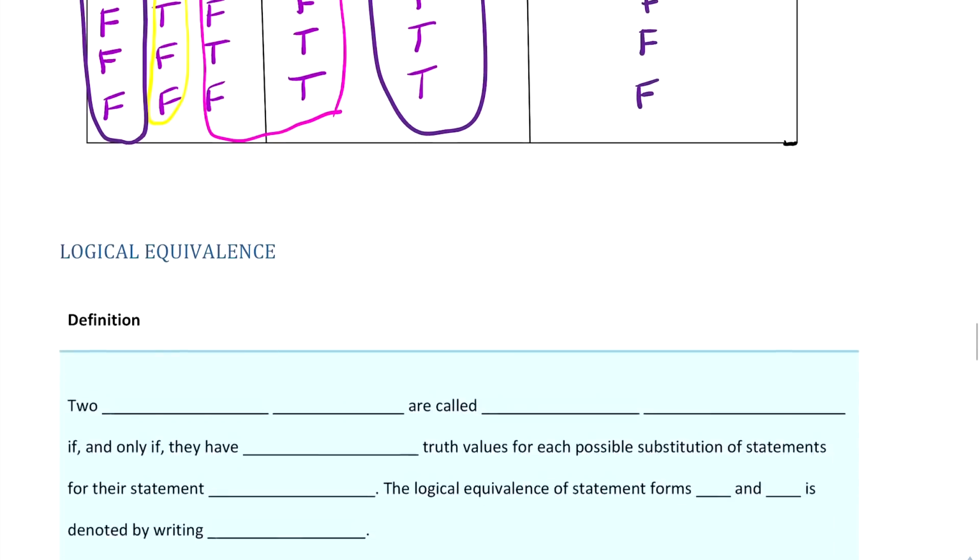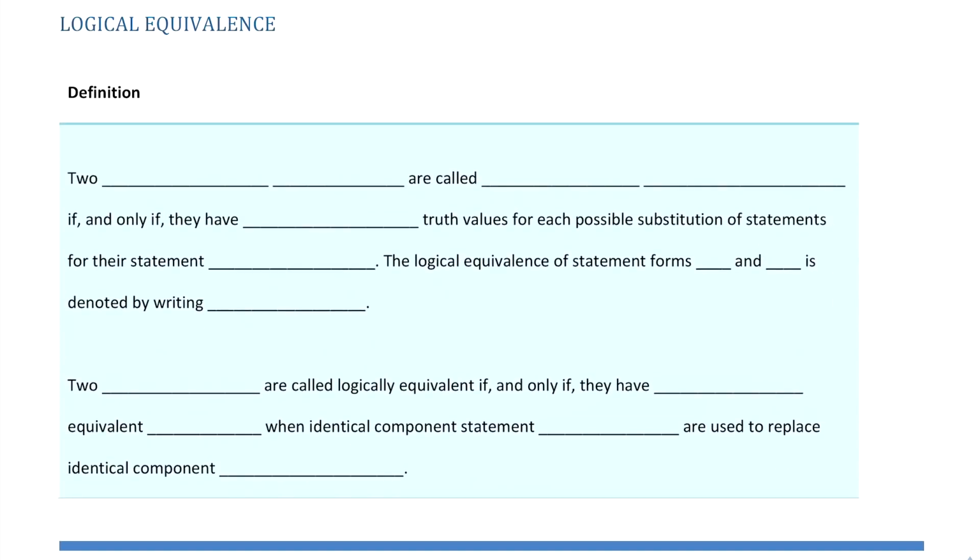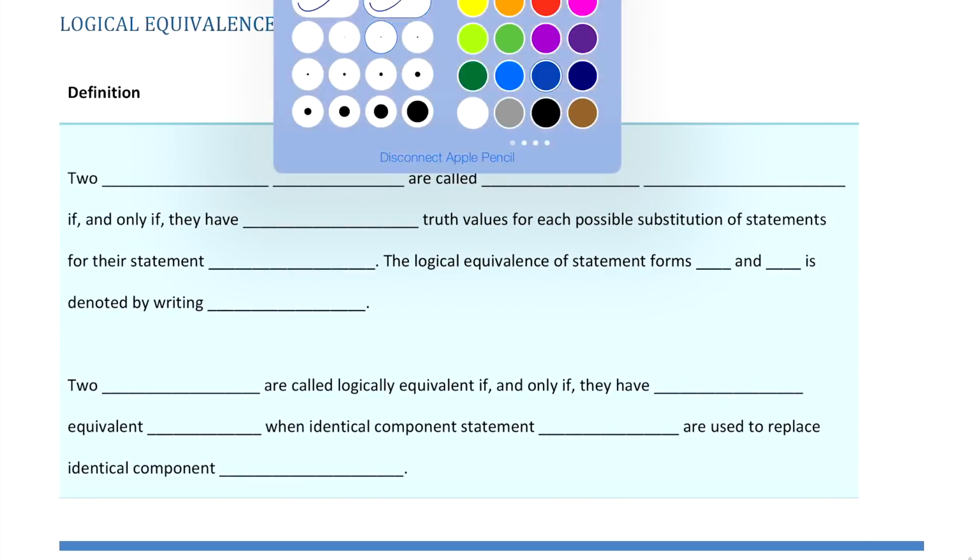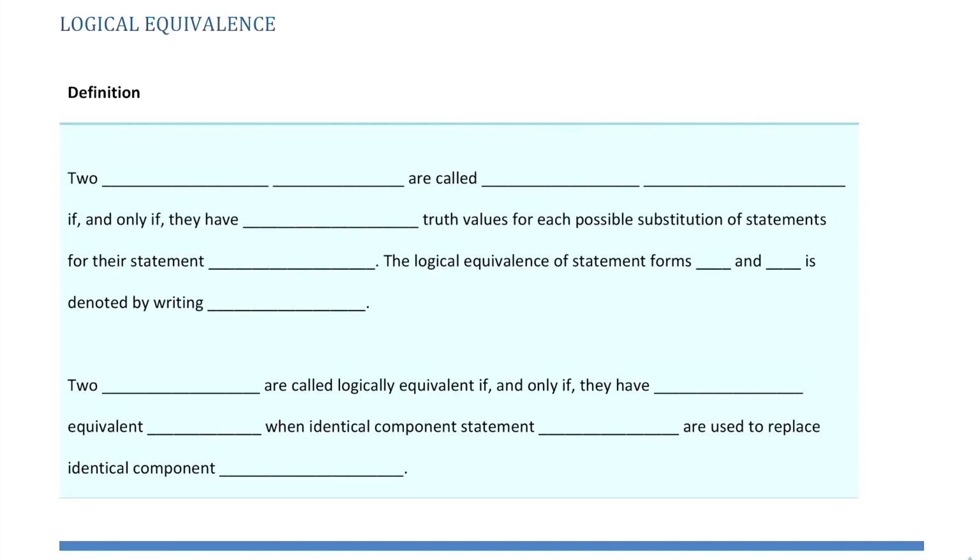All right, so now we get to logical equivalence. So like I was saying before, these truth tables are going to be a tool for us to find out if we have logically equivalent statement forms.